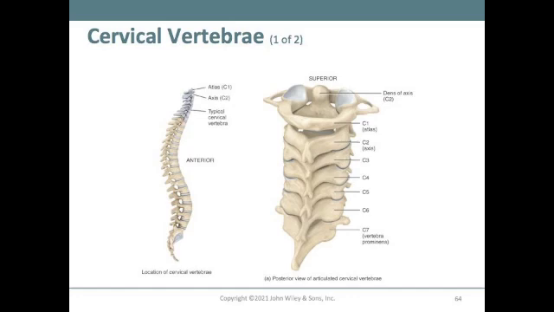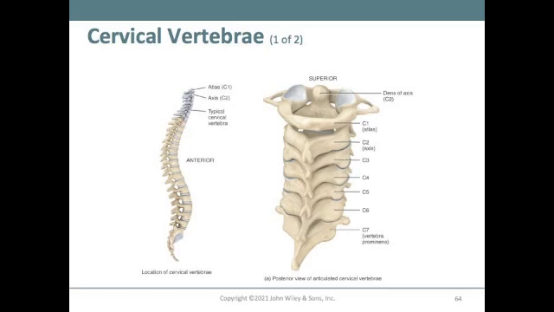And then the dens of the axis is part of C2. See the axis right here? This is part of C2, and this actually articulates with the skull as well. If you shake your head no, that's an interaction of your skull and this axis, or the dens of the axis.